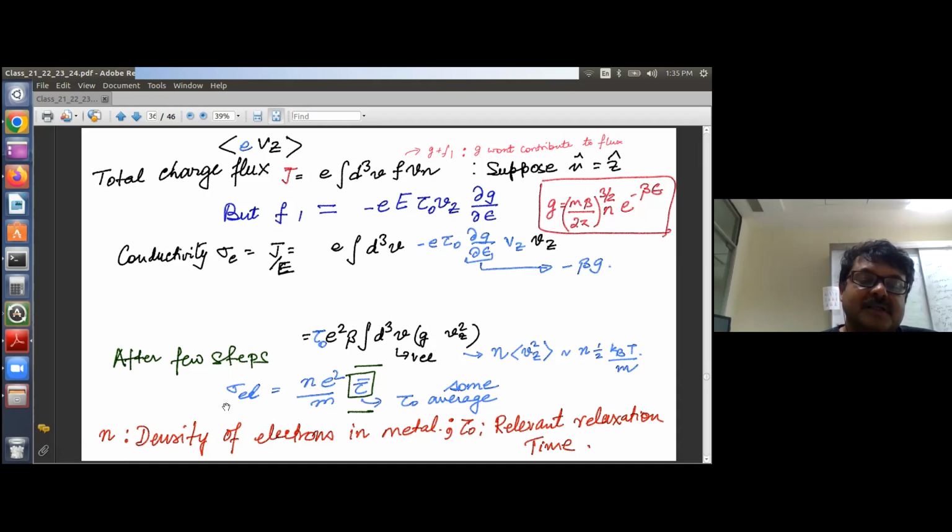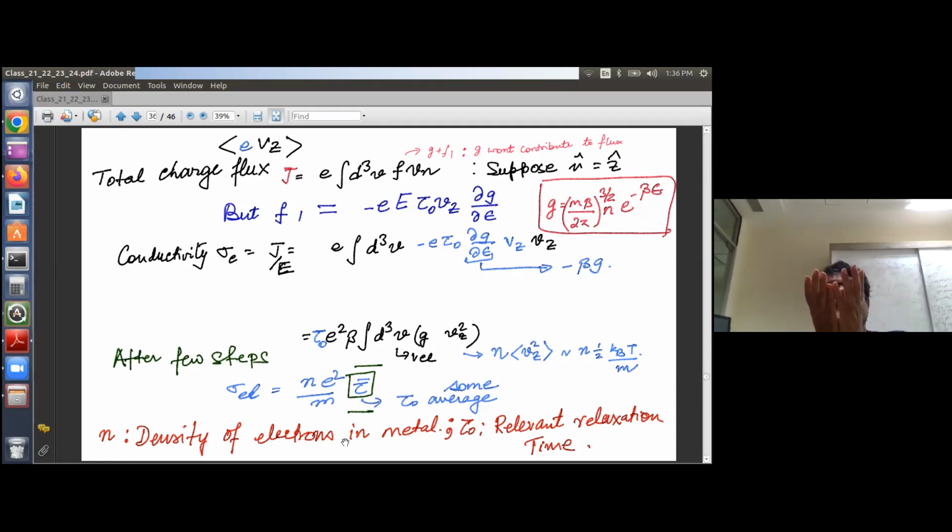Now remember that there are a certain number of electrons in the metal, but as you will soon realize, or you might have realized in the condensed matter course, you might have a large number of electrons, but only very few electrons near the Fermi surface contribute, which get accelerated, can move to higher energy levels and change their V. So the density of free electrons is what you should use, not the total density of electrons.